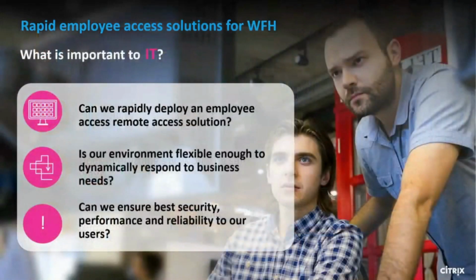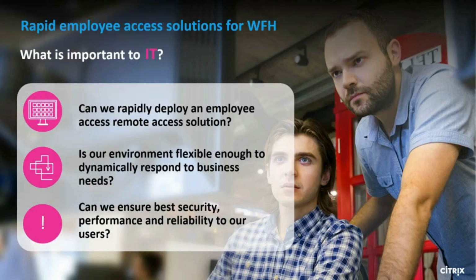Next, IT will look into 3 primary key areas. Can we rapidly deploy an employee remote access solution? Is our environment flexible enough to dynamically respond to business needs? Because of this pandemic, many companies want to be up and running in days, compared to the old days when it would take months to provision new IT infrastructure and get things ready.